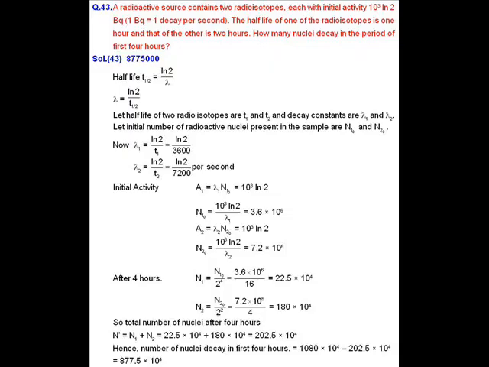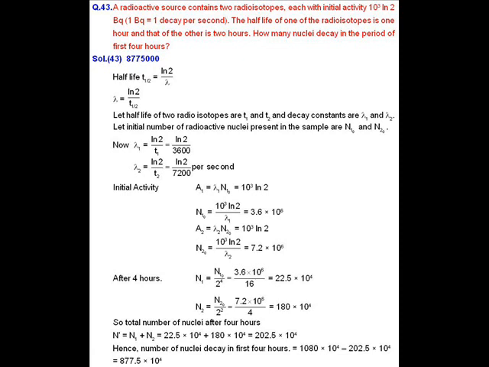Hello everyone, we are going to discuss question number 43 from MTP3. In this problem, a radioactive source is given that has two isotopes. Both of them have an initial activity, the same, that is 1000 ln 2 becquerel. Half-lives of both isotopes are given, and we have to find out the number of nuclei that decay in the period of 4 hours.